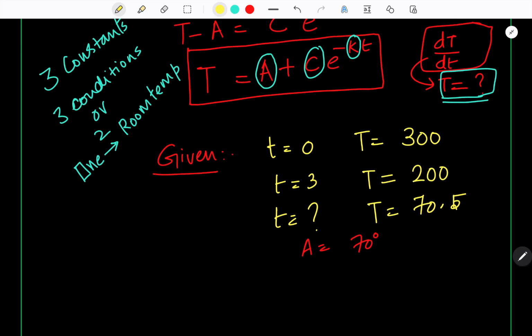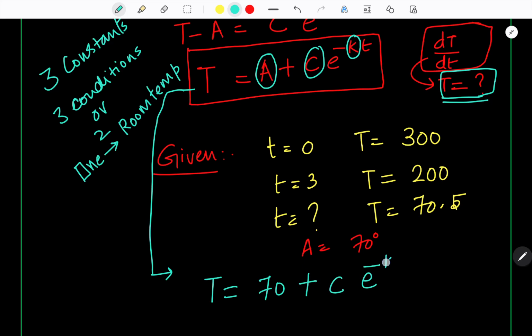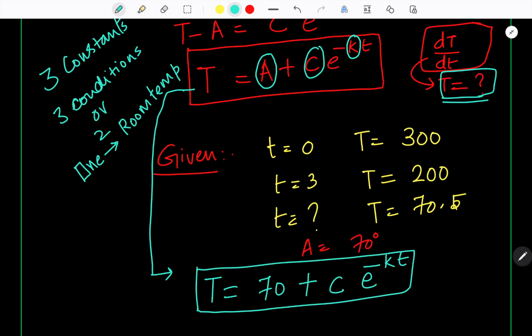We'll go back to the equation. So capital T is equal to A, which is 70, plus C e power minus kt. So one constant has been found already. At least we need 2 conditions.